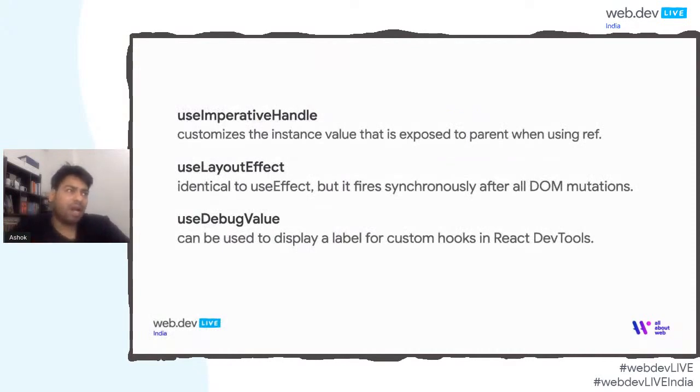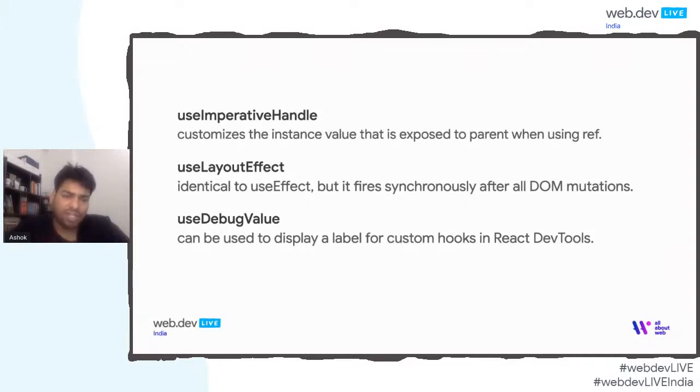There are some other hooks, like useImperativeHandle. It's helpful when you're using ref, and instead of just returning the object with the current element, you can customize the instance of it and expose it to the parent and stuff like that.